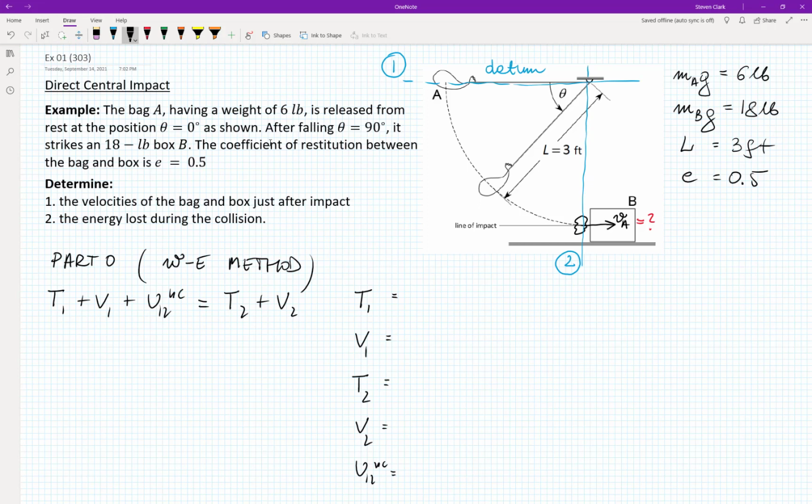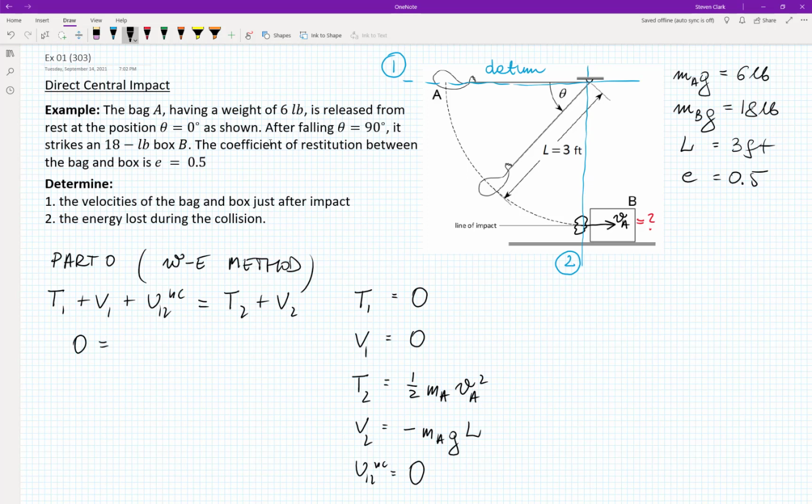Okay, I believe that our body starts from rest. And at configuration 2, we have some velocity. So in here we will have 1/2 mA VA squared. When it comes to potential energies, our body is aligned with the datum at configuration 1. And at configuration 2, our body is below the datum. So in here we will have minus mA g L. And I think that every single non-conservative force that is present in the system does 0 work. Okay, let's plug in these 5 guys in our equation.